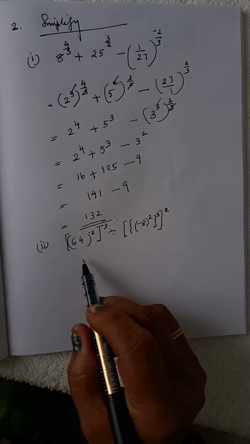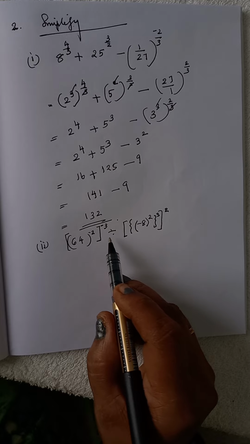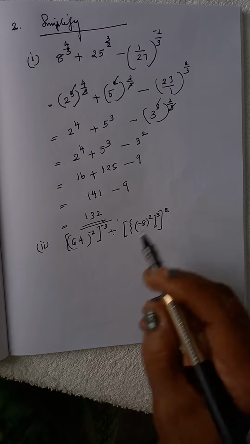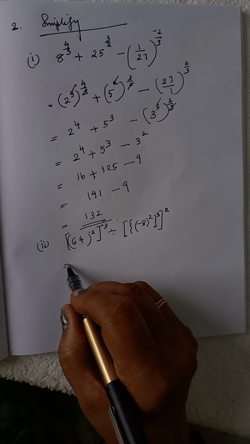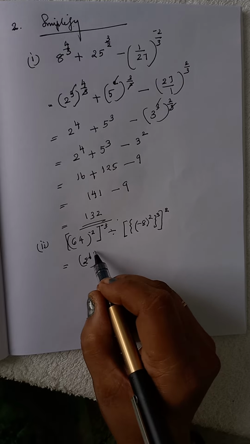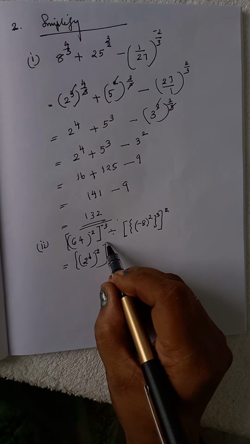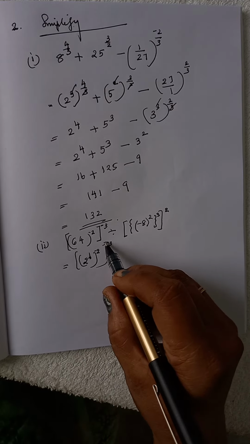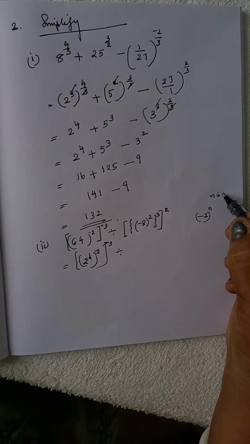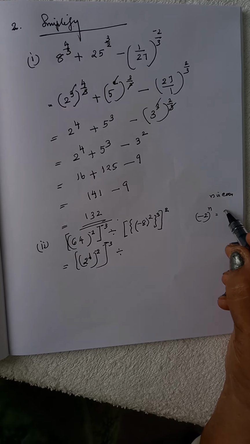Now the second sub question is 64 raised to minus 2, then whole raised to minus 3, divided by minus 8 raised to 2, then that raised to 3, then that raised to 2. This can be written as 64, that is 2 raised to 6, that raised to minus 2, then that raised to minus 3, then divided by, if n is even, minus 2 raised to n is equal to 2 raised to n.